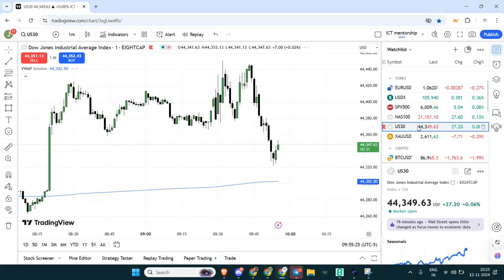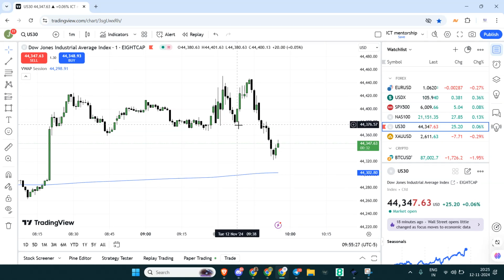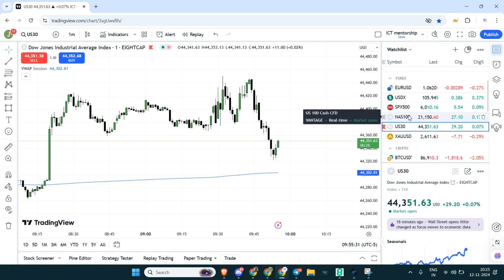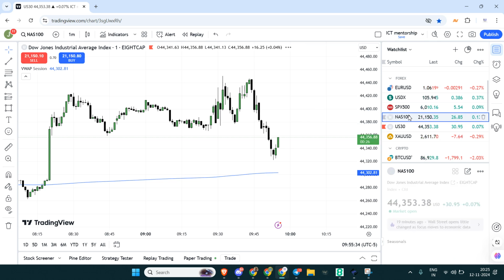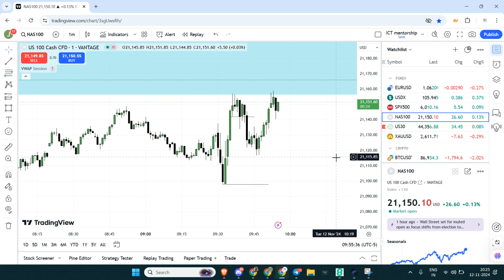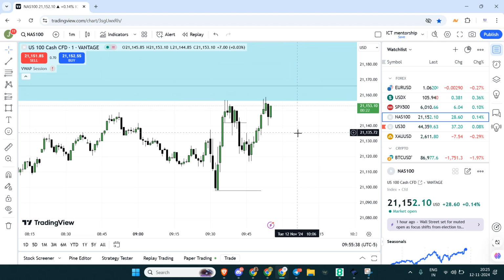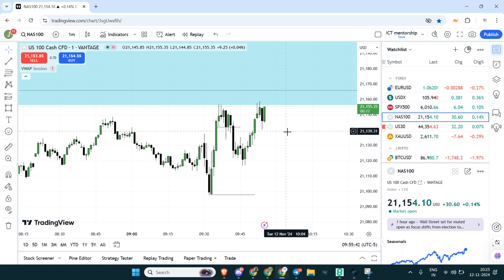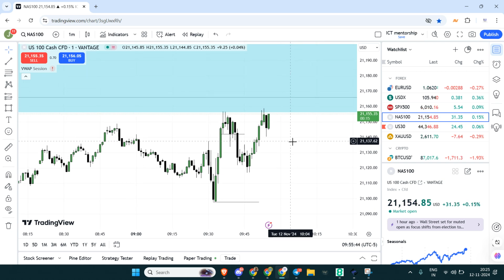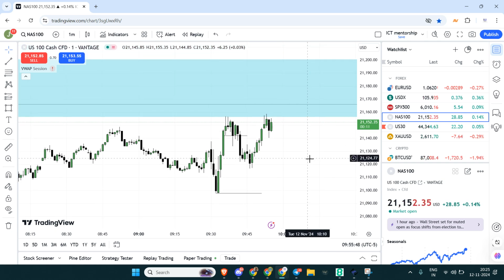So just taking a look at US30. We already got a good break here, and price is coming down aggressively for US30, but Nasdaq is still not ready to come down, only because it hasn't swept the liquidity, or Nasdaq price doesn't have much fuel to come down.